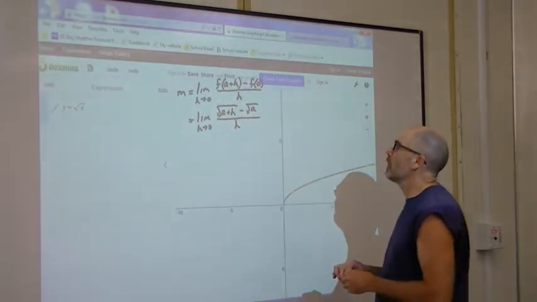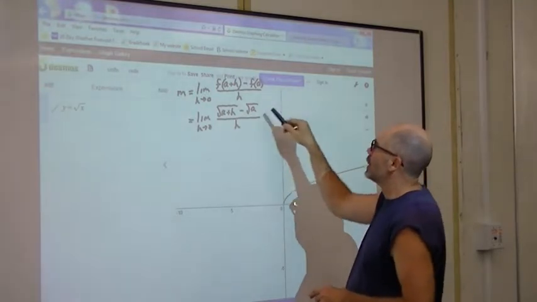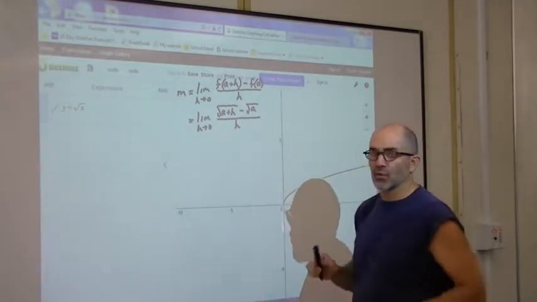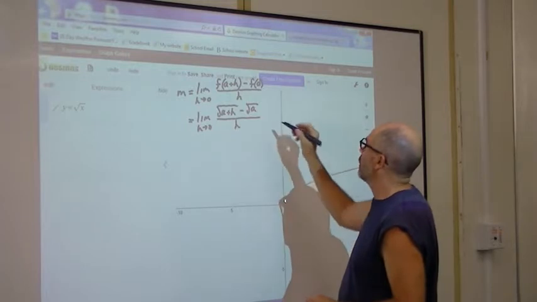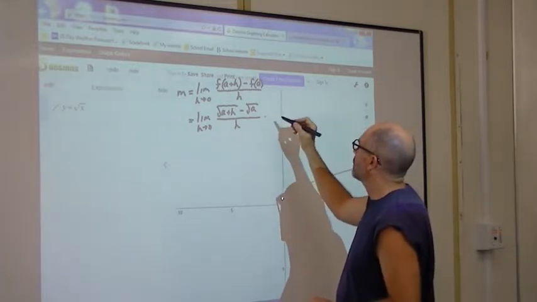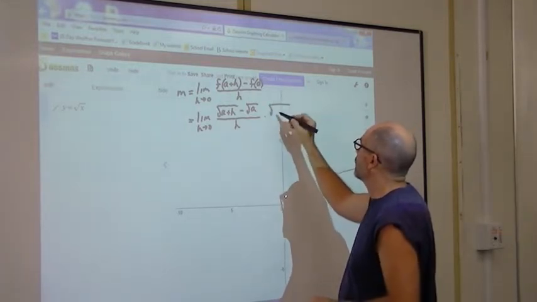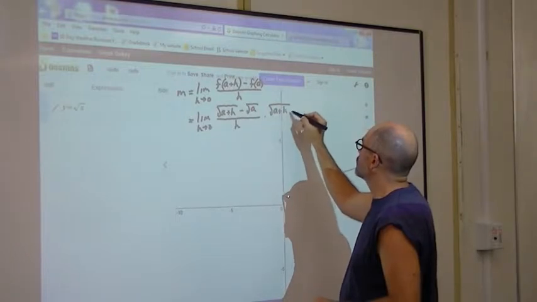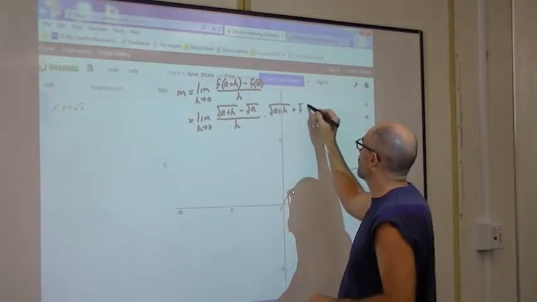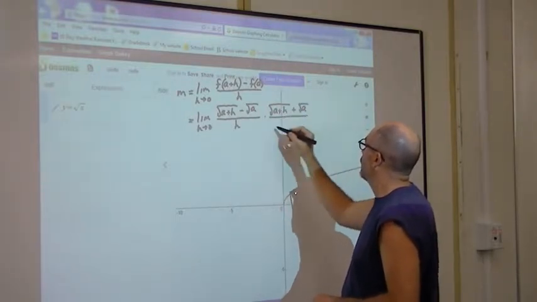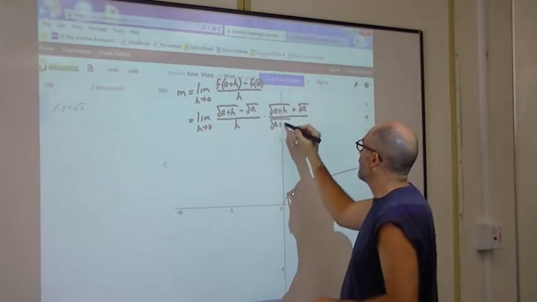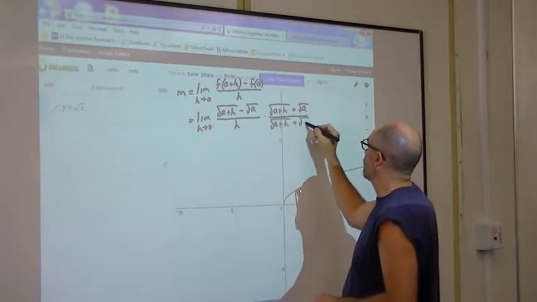So we're going to multiply by the conjugate on top because I'm trying to get rid of radicals. So I'm going to multiply by the square root of a plus h plus the square root of a, all over square root of a plus h plus square root of a.